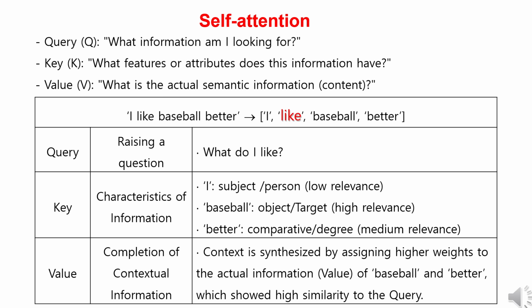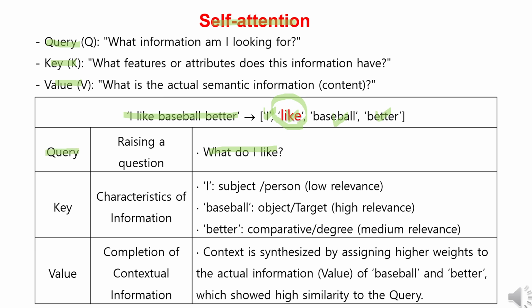Query, key, and value are the core concepts you need to understand self-attention in transformers. So let's break it down with a simple sentence. I like baseball better. First, we split this sentence into tokens: I, like, baseball, better. Now let's focus on the verb like and ask a question from its perspective. What do I like? That question is the query.